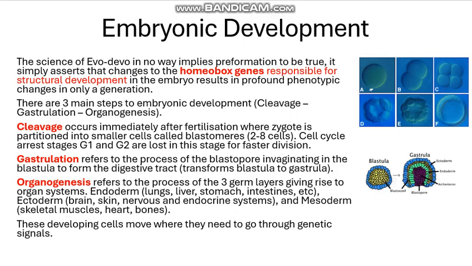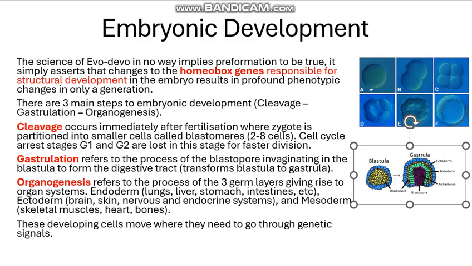For gastrulation, this refers to the process of blastopore invagination in the blastula, which is when this cleavage stage gets to, I forget the exact number. The morula is 32 cells, and then the morula develops more germ layers to form the blastula, which we show here on the left.